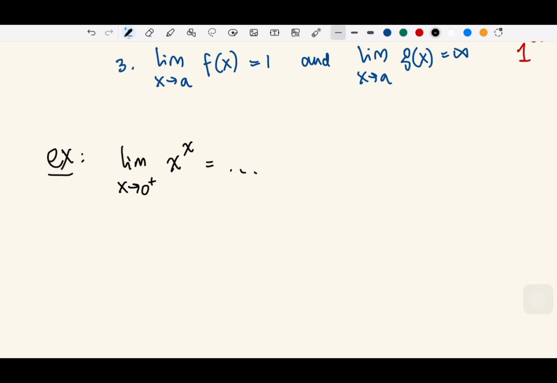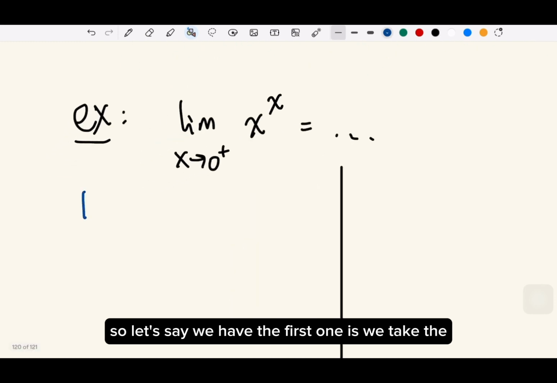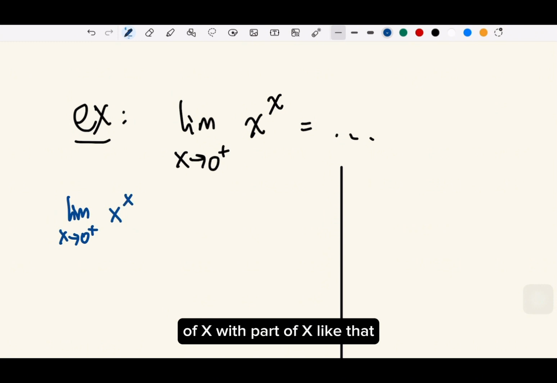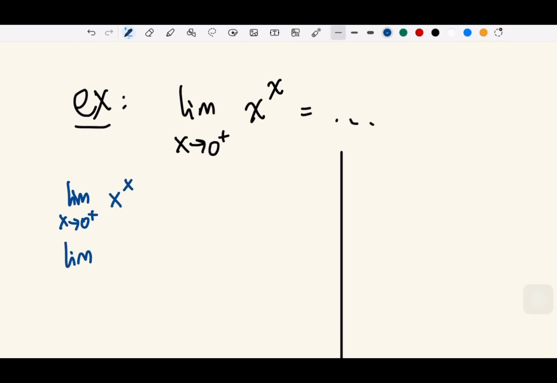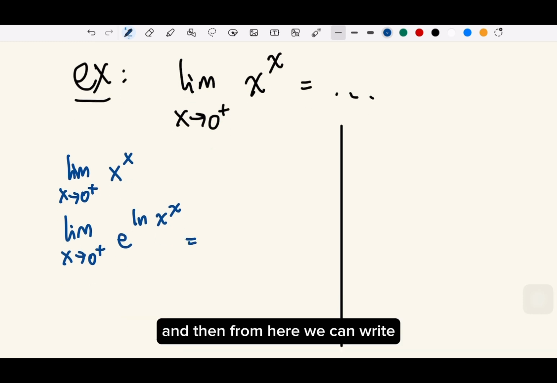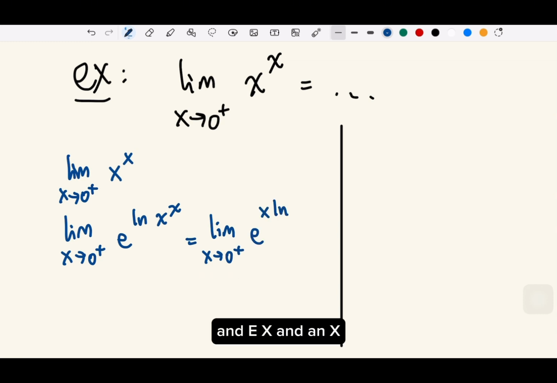Okay. So let's say the first one is we take the limit of x with power of x like that, and then we change and write e with power of ln of x power of x. And then from here we can write e to the x ln x.